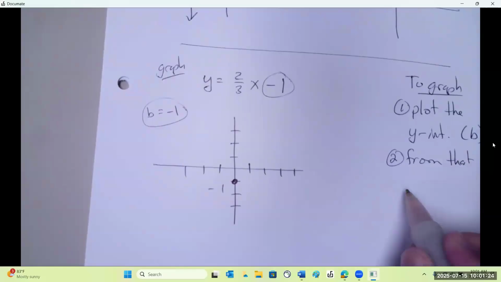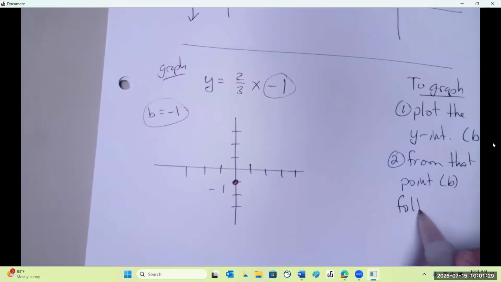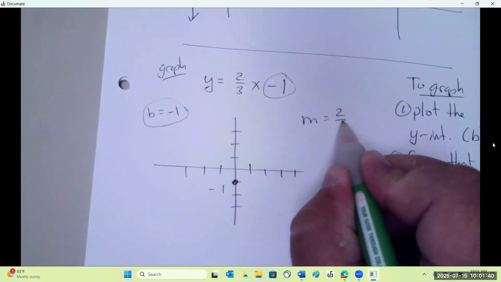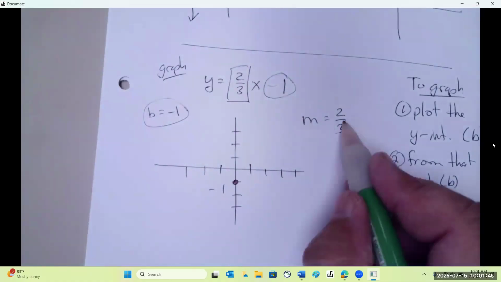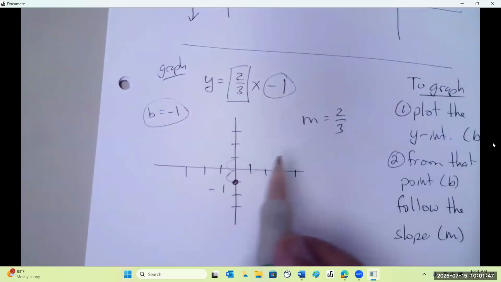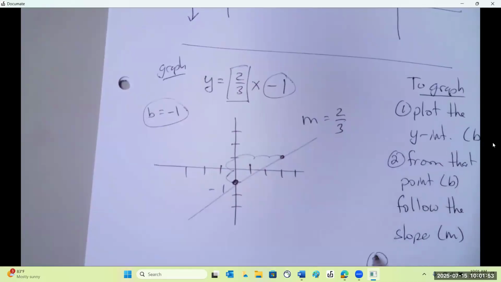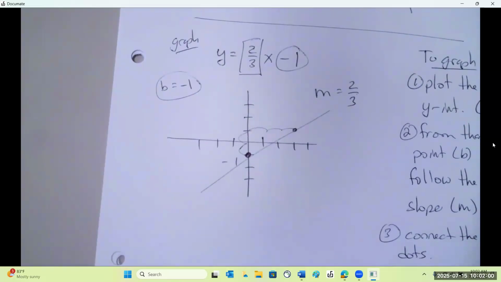From that point, the b value, follow the slope, m. Since m is 2/3, remember, the slope is whatever's in front of the x. It's +2, so I'll go up 2 and over 3. And then connect the dots. That's all there is to it.